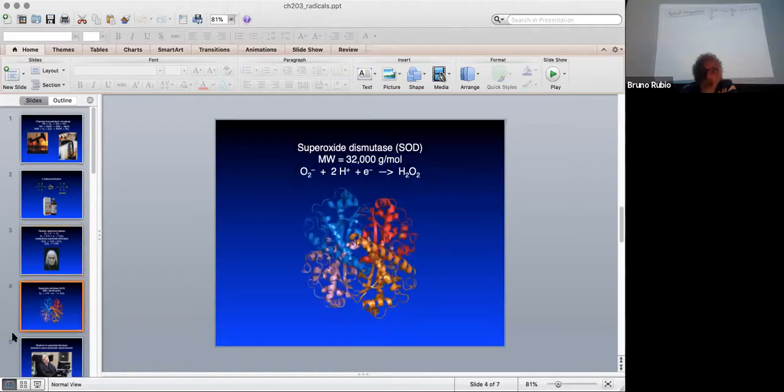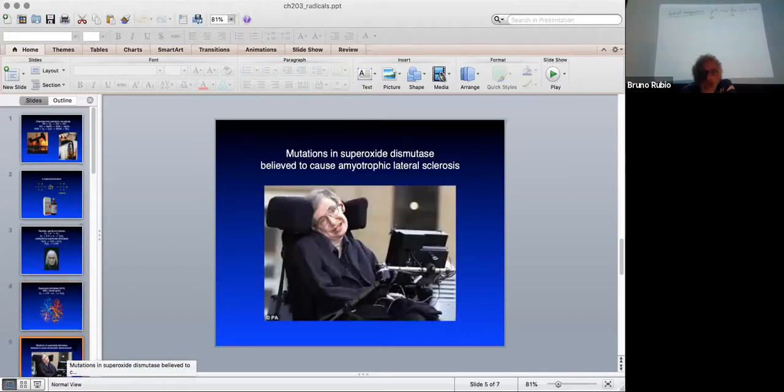For example, this enzyme here, superoxide dismutase, the job of this guy is to get rid of that superoxide radical, that O2 minus. This is a very destructive radical, so you have a chemical mechanism to defend against the radical destruction. But if you don't have enough superoxide dismutase, or if it is defective in some way, if you don't have the enzyme that can take care of these radicals, that is involved.